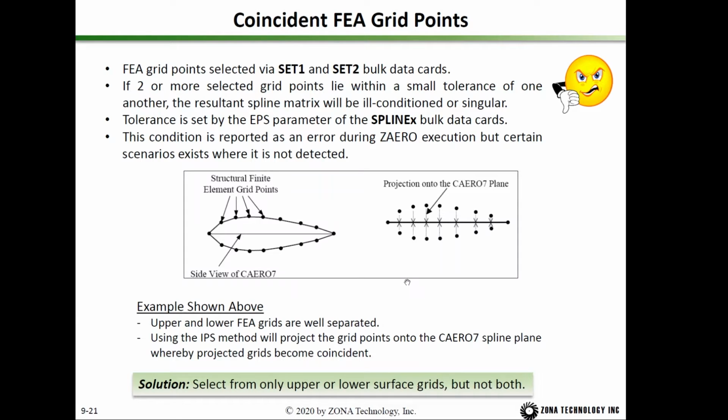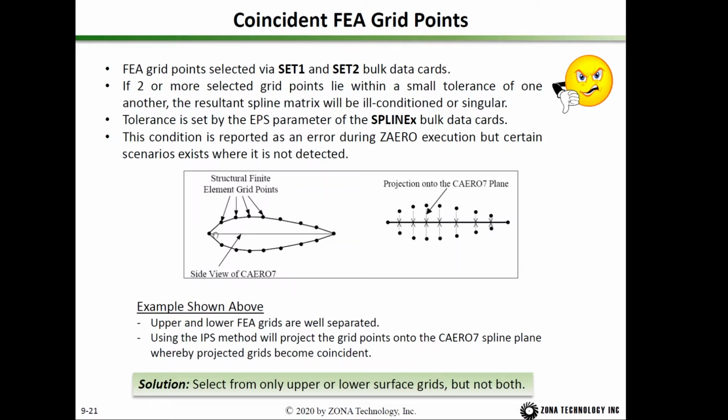And if you use the infinite plane spline method, for example with the CO7, the spline plane is the plane of the CO7. And for the structure model, you have a grid on the upper surface and a grid on the lower surface of the wing.